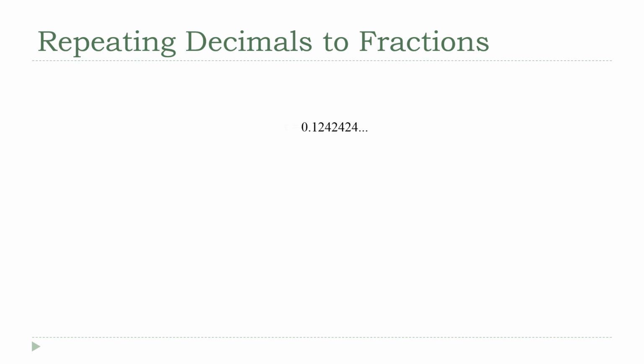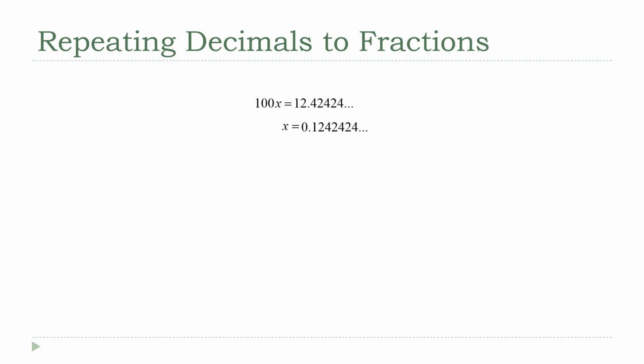I'm going to start by getting a variable in there. Then I'm going to multiply the top and bottom by 100. There's 2 digits that are repeating, the 2 and the 4. So I'm going to multiply by 1 and 2 zeros. That's going to shift the decimal point 2 places to the right. And you see everything is lining up.